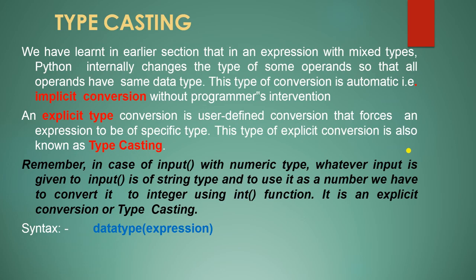So it is an explicit conversion or typecasting. Okay, so when you run the program you have to put this int before the input function. So this is explicit type casting.